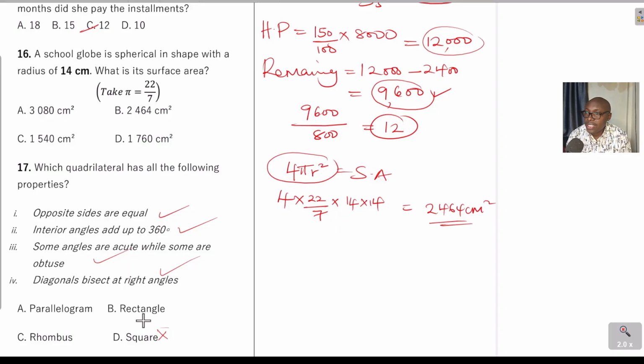Then again, diagonals don't bisect at right angles. So the only one left satisfying all these properties is a rhombus. Specifically, the property that helps us is that the diagonals intersect at 90 degrees. None of the others meet that condition.